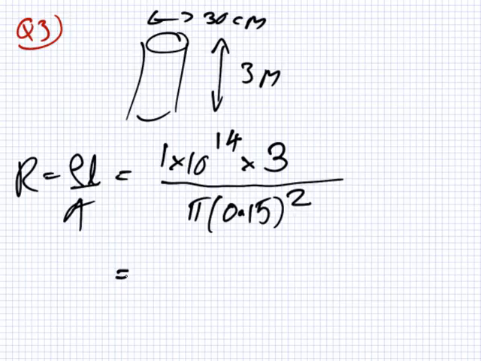What did we get? Did you get this wrong? 3.4 times 10 to the power 14. 4.29. Oh, you're not having a good day with these ones. 4.29. Yeah, I think I'm doing the area wrong. Power 15.